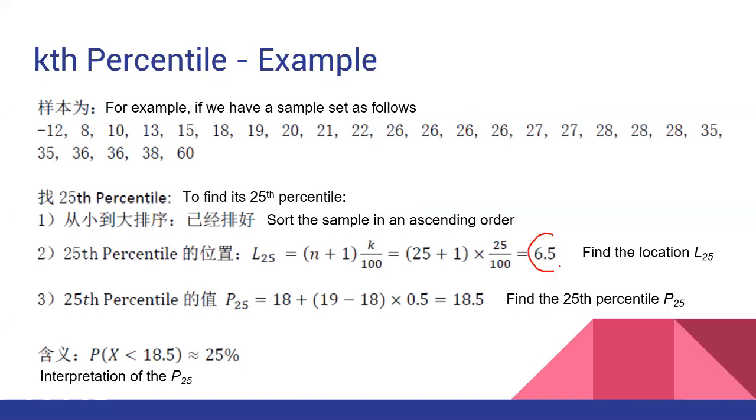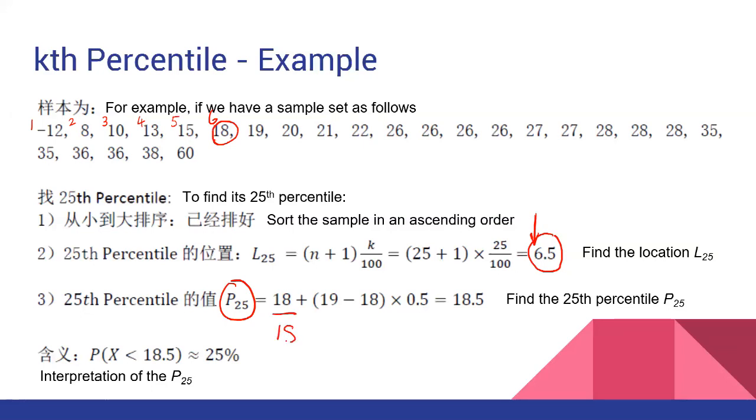This is the location of P25. In the third step, we find the value of P25. It is the element at the integer part of L25, which is the 6th element, here.